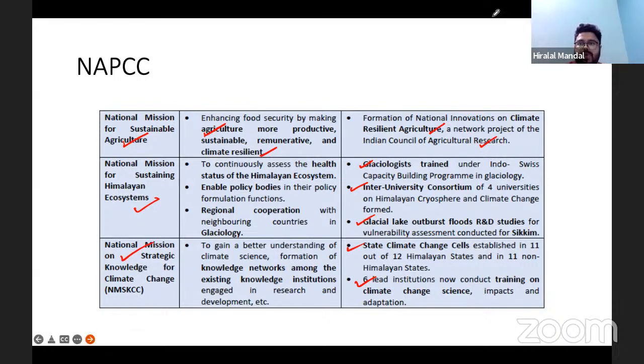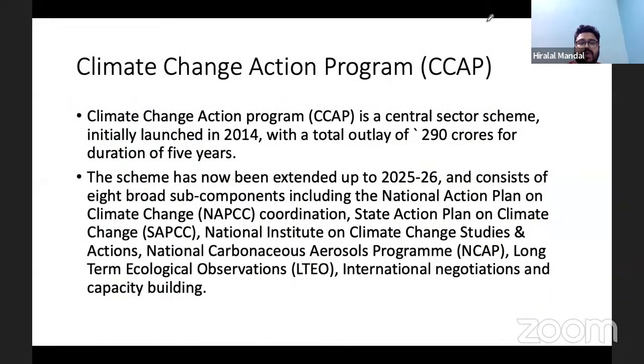Some of our other programs that have been launched include the Climate Change Action Program. It is a central sector scheme launched in 2014.